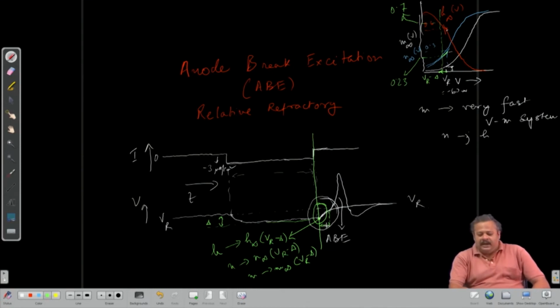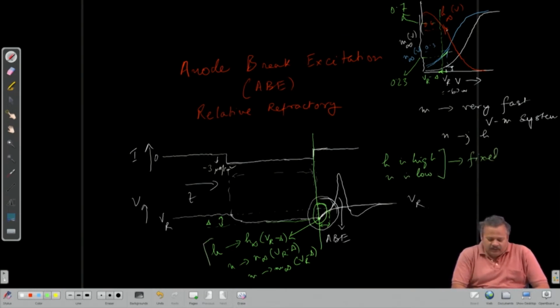H is high here and N is low, and these can be considered fixed at the values we start the system with at the end of the current clamp.